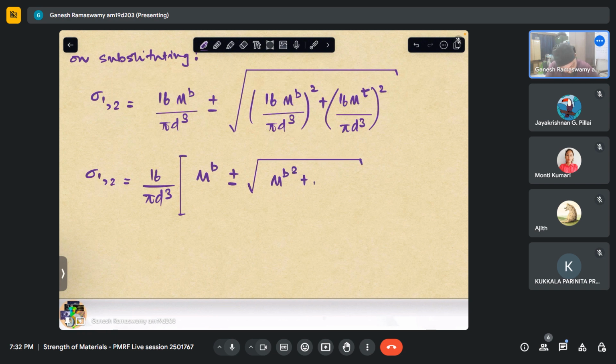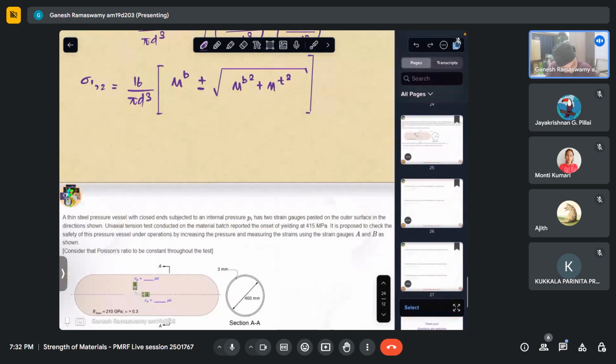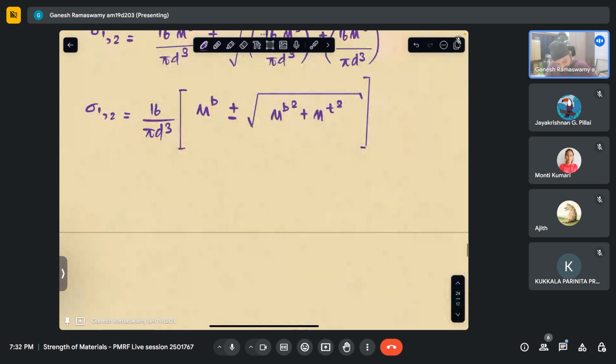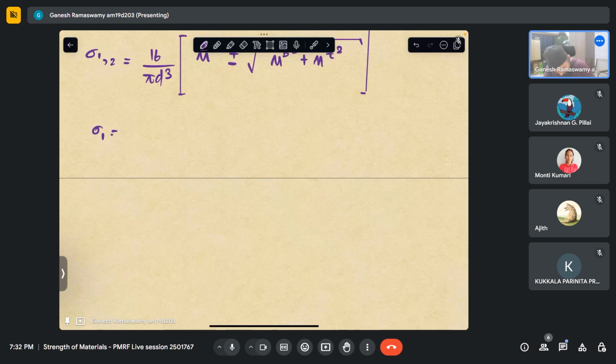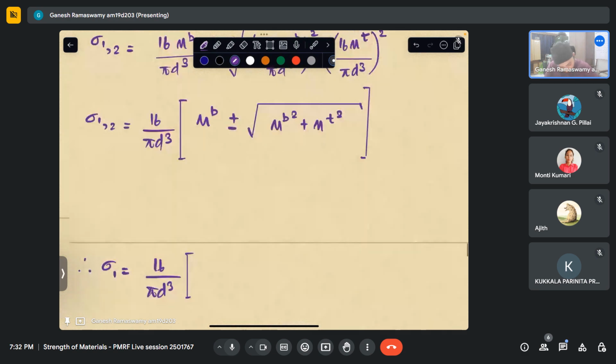Let me again split it up and write it so that it becomes clear. From here I can see that sigma 1 is 16 by pi d cubed into this quantity, except there will be a plus.